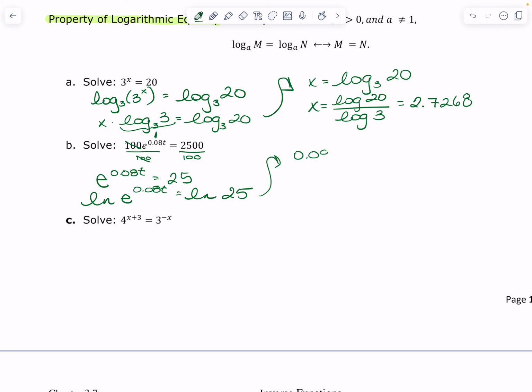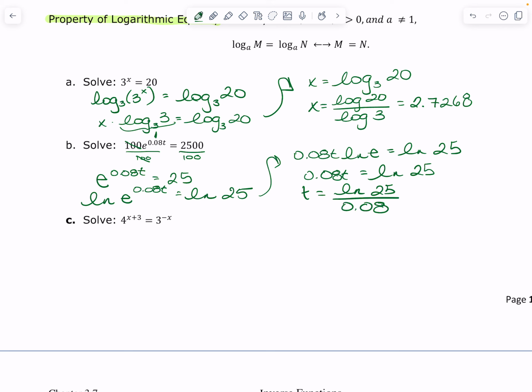I got 0.08t times the natural log of e, which we know is going to be 1, equals the natural log of 25. That gives me 0.08t equals natural log of 25, and t equals the natural log of 25 divided by 0.08, which gives me 40.2359. I know, super exciting, isn't it?